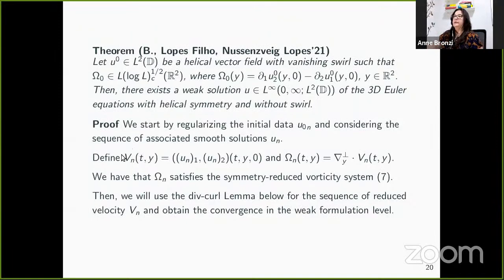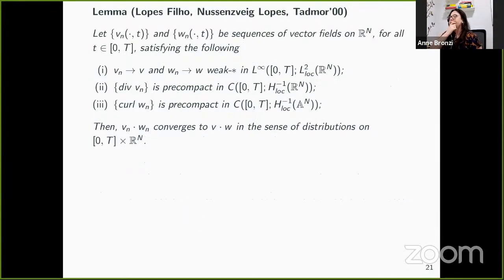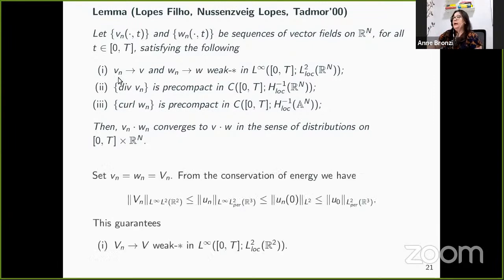We work with this velocity on the plane and the vorticity also on the plane, and we can use the div-curl lemma. This is the version that you used from this paper of Lopes Filho, Lopes, and Tadmor. We applied this in 2D because we are looking at the velocity field just on the plane, because then we can recover the velocity on the whole space using this velocity here.